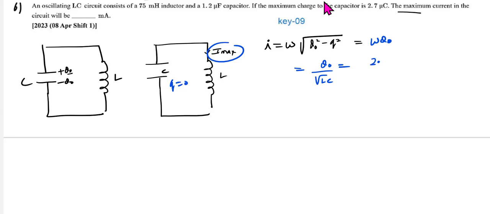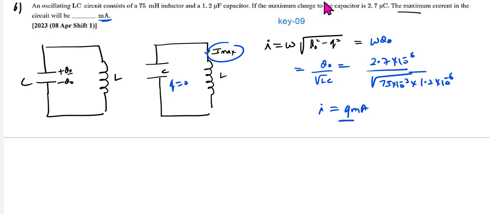Q naught value is 2.7 into 10 to the power of minus 6, over root of LC. L will be 75 into 10 to the power of minus 3 and C is 1.2 into 10 to the power of minus 6. So the maximum current will be 9 milliampere. It's asking in milli, so put 9 here.